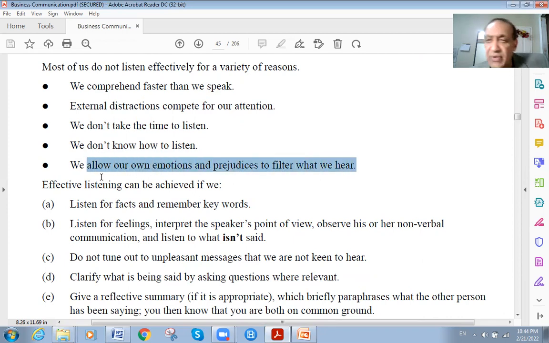Also, don't allow your emotions to filter what you hear. Is it gossip? Is it rumors? Is it something superstitious, or are they facts? You have to make sure of what you are listening to. Is it okay or not?